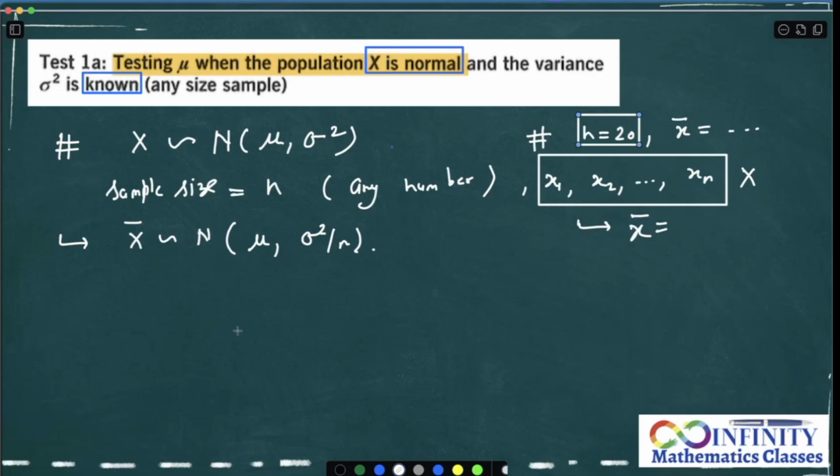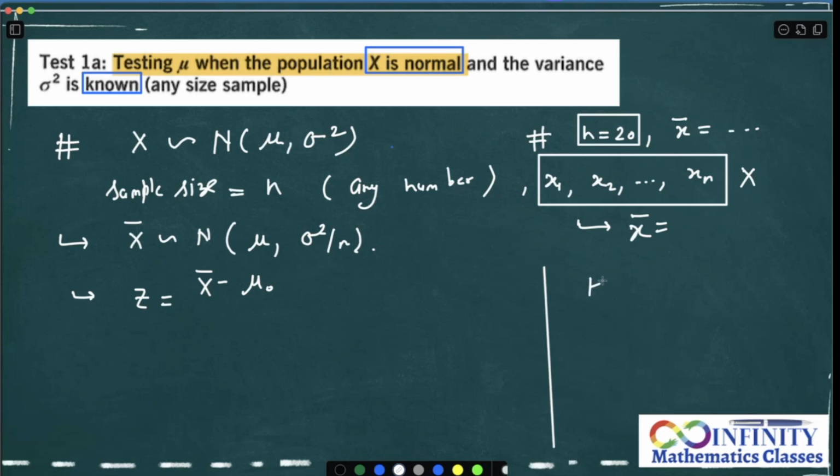Okay. So whenever x bar is going to be like this, we need to identify whether we are going to accept the null hypothesis or we are going to reject the null hypothesis, depending upon the situation. For that purpose, I need the z values. And z value is going to be this x bar, the sample mean, minus mu naught, over sigma.